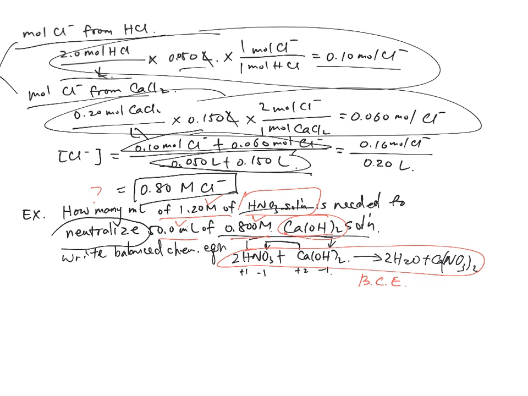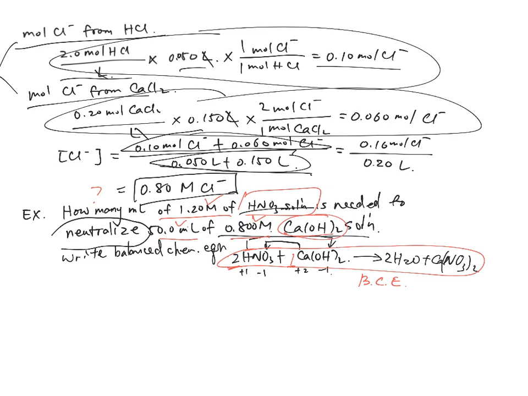Well, what kind of calculation did we do about balanced chemical equations before? Stoichiometry, right? What is stoichiometry all about? Calculate from the amount of one component of your equation to the amount of another component of the equation, be it a reactant or product. And in that calculation, we're going to use the molar ratio of 2 to 1 between the acid and base.